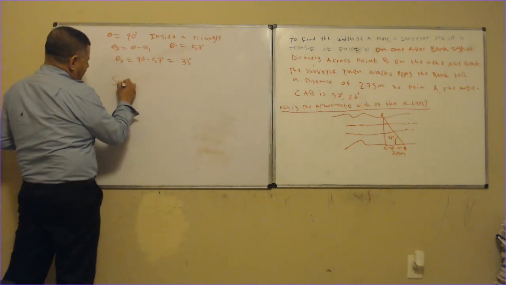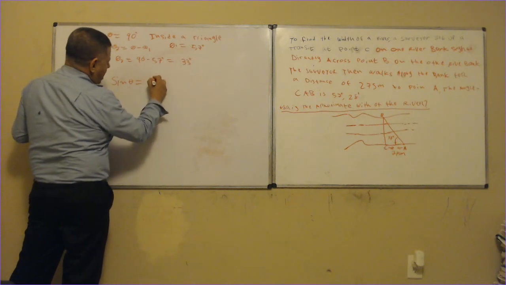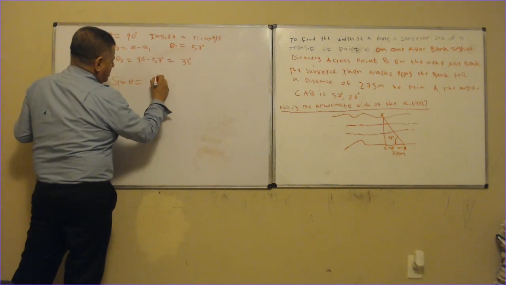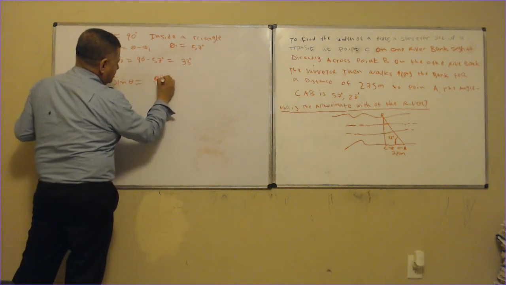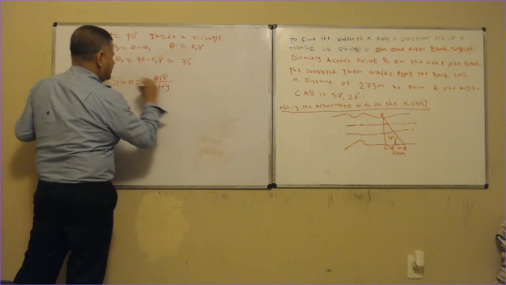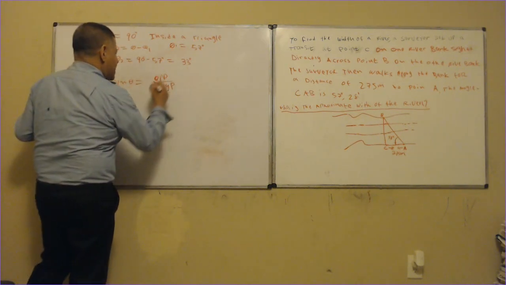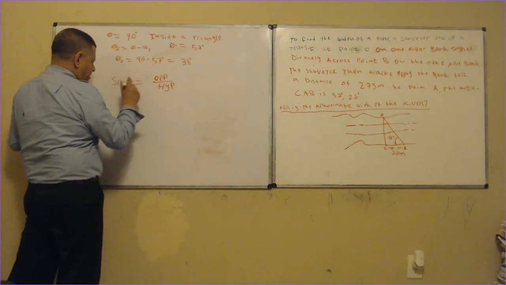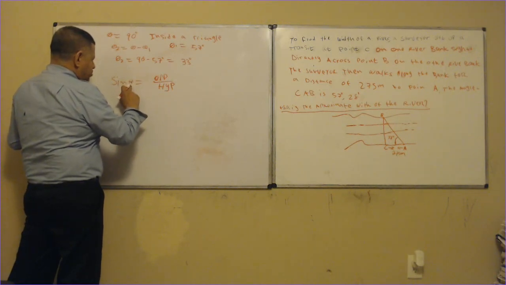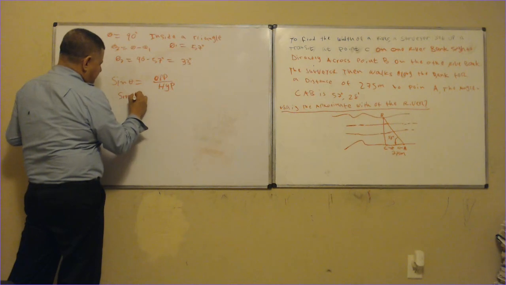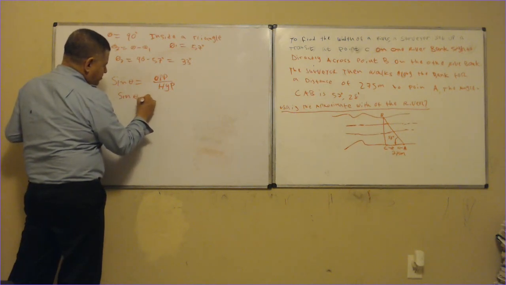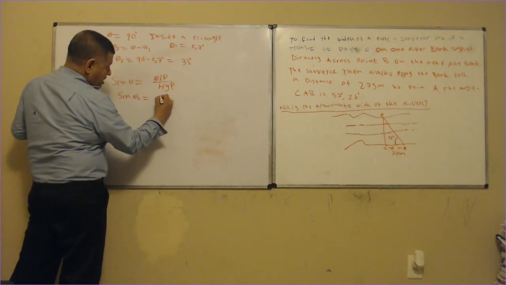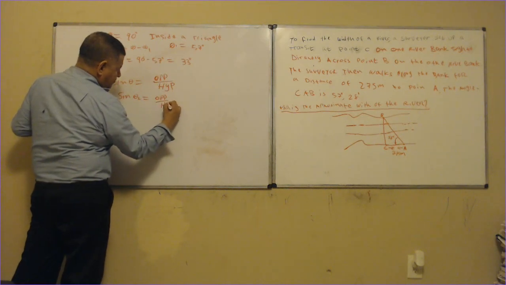You know the sine of theta is equal to opposite over the hypotenuse, right? Now we can say that this angle right here, this theta, the sine of theta 2, because that's the angle that I have, which is this one, is equal to opposite over the hypotenuse, right?